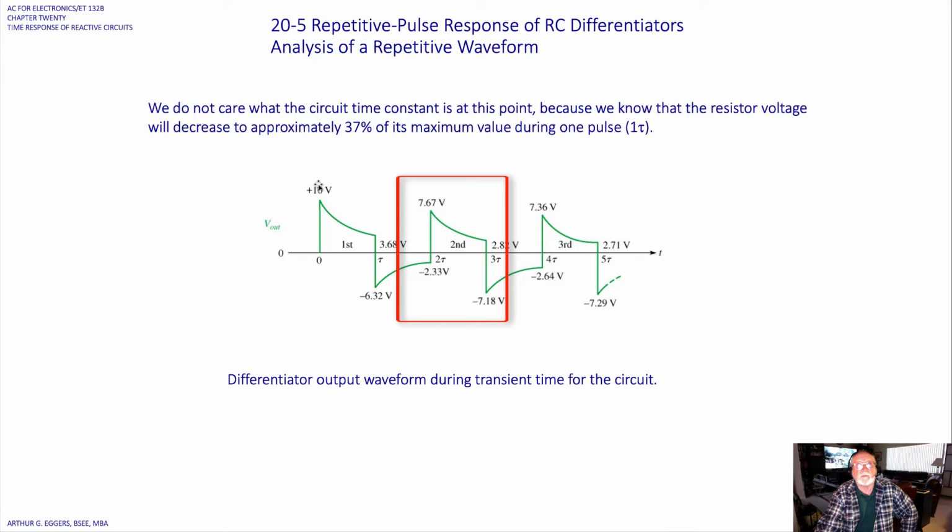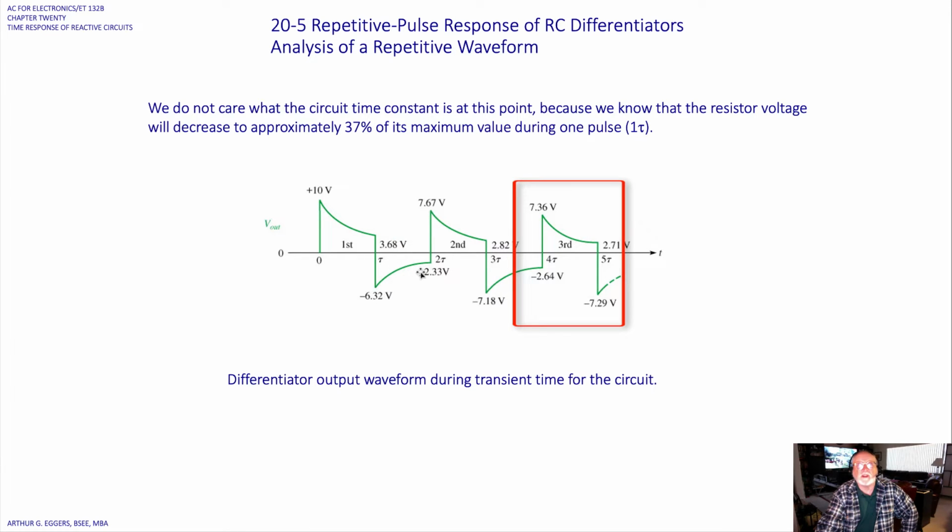You can see what's happening here. First pulse we get the maximum value of 10 volts, then it decreases and decreases. So we end up having our values shifted, going from minus 6.32 to minus 7.18 and minus 7.29.